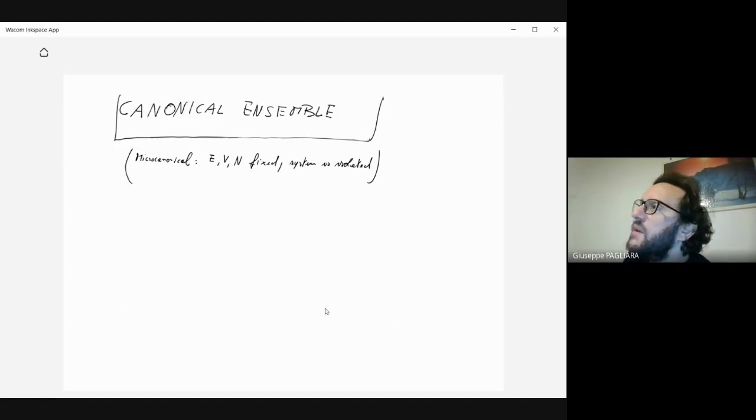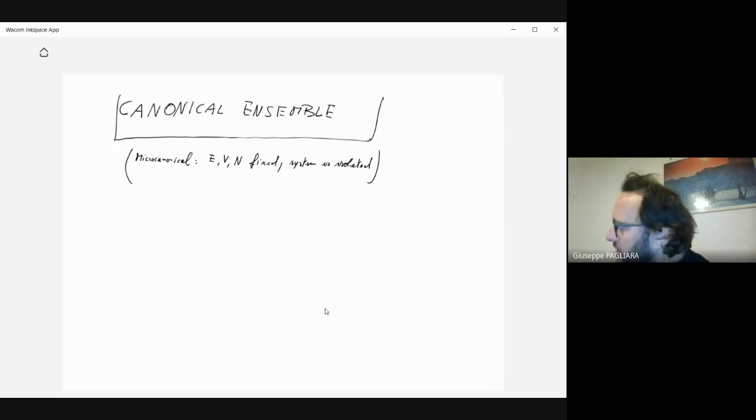And the fact that you computed the volume occupied in the phase space by your system corresponds to the assumption that all the microstates have the same probability to occur once they are compatible with the constraints of total energy E, volume V, and the number of particles N. Okay? So these were the assumptions, the way the microcanonical ensemble was derived.